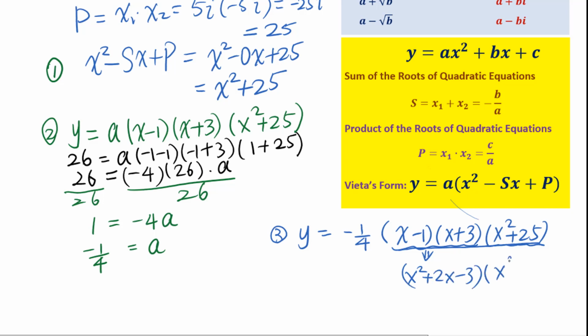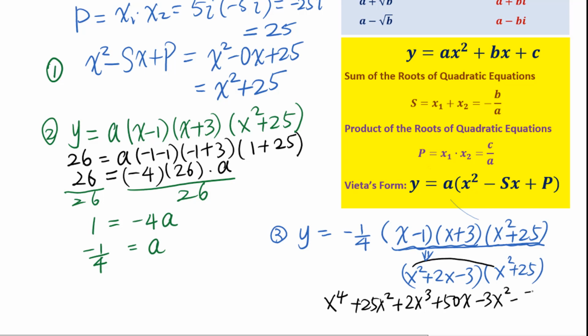Then times x squared plus 25. x squared times x squared will be x to the fourth power. x squared times 25 is 25x squared. Then plus 2x times x squared is 2x to the third power. 2x times 25 will be plus 50x, minus 3x squared, minus 75. So we combine like terms.